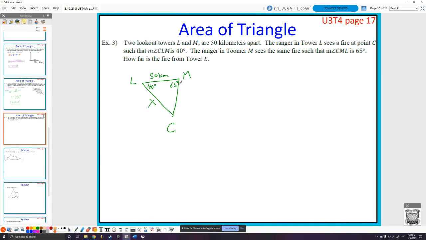Now, be careful, because off the bat, it might be like, oh, I don't have a pair. It looks like it's going to be law of cosines. But we do actually have this hidden value, because I have 2 out of the 3 angles. This is 105, meaning this must be 75 degrees. So I actually have a ratio of 50 over sine of 75, and that's equal to x over sine of 65, right? So I can solve for this by multiplying sine of 65 on both sides.